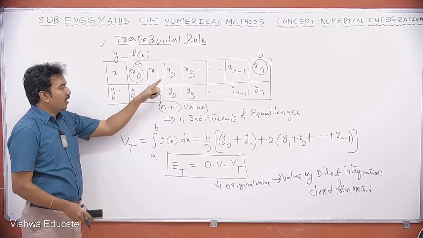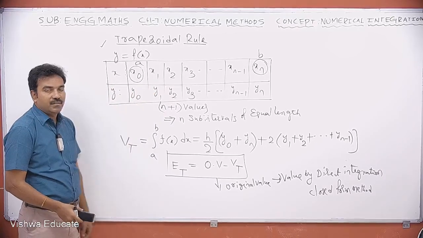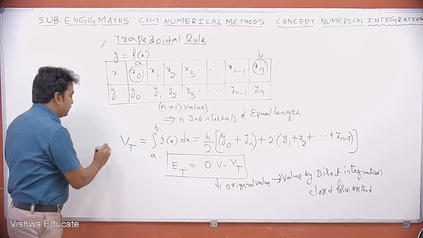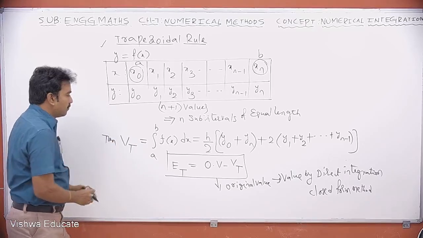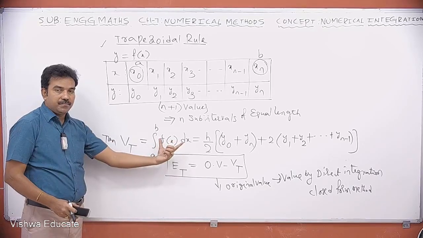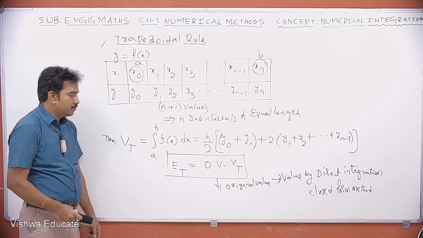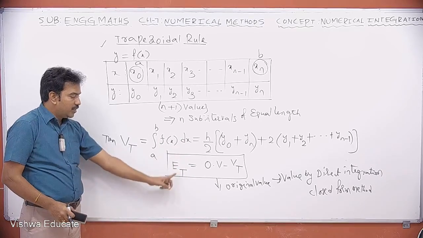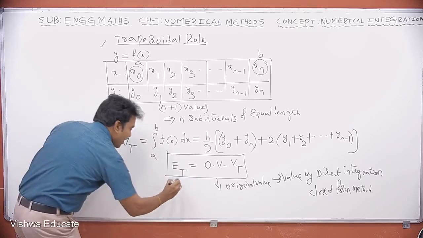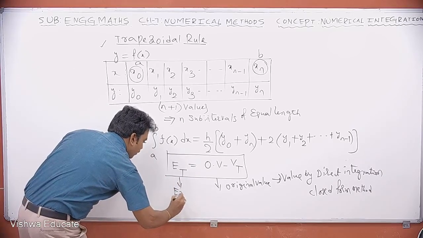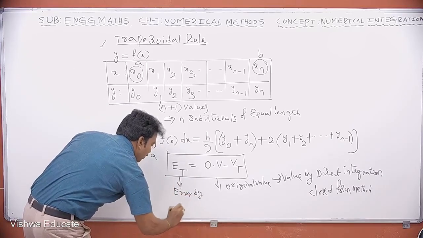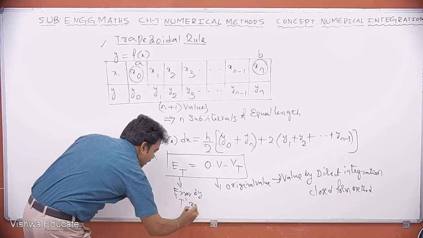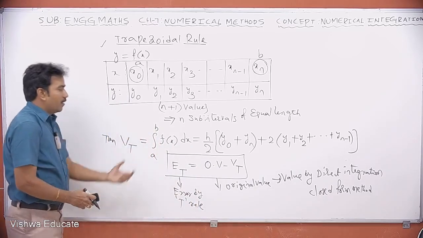X values are like this, Y values are like this. Then VT equals this. After that, you write these points. This is the error by trapezoidal rule. Note down these points.